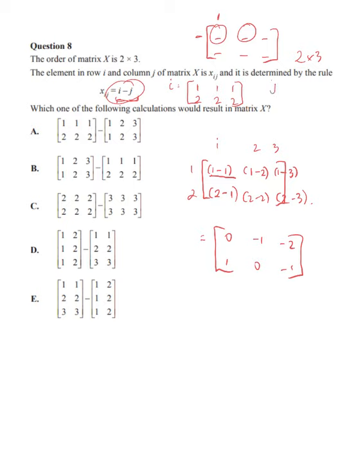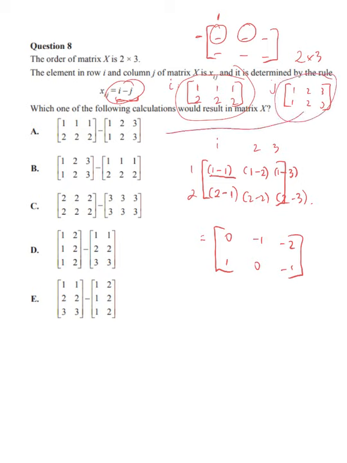And if I look at just column position of a 2 by 3, this is column 1, this is column 2, this is column 3, right? And the rule is telling me that I need to subtract column number from row number.